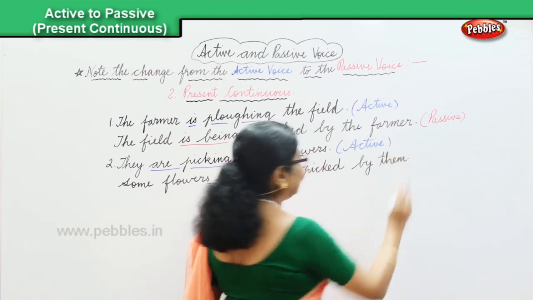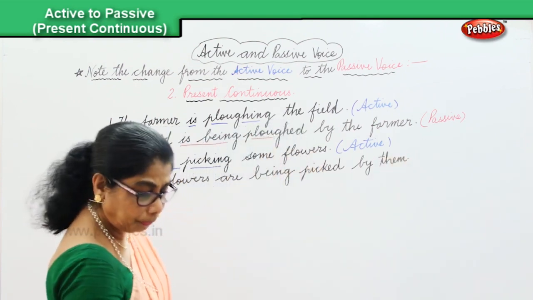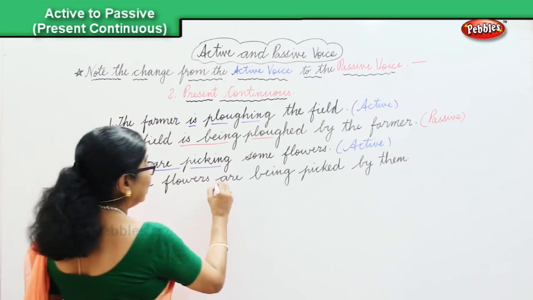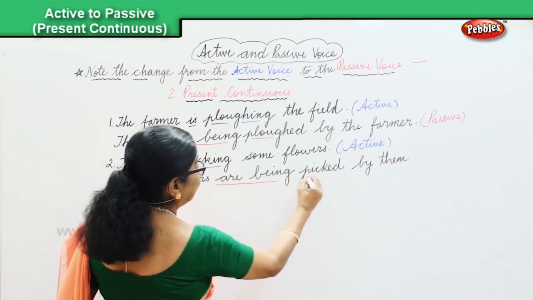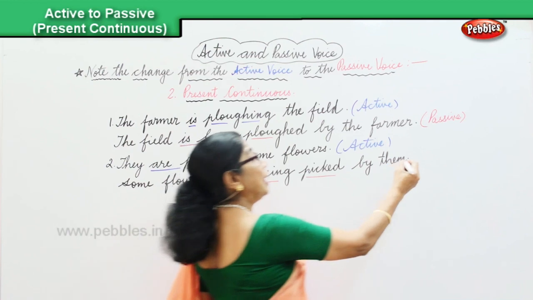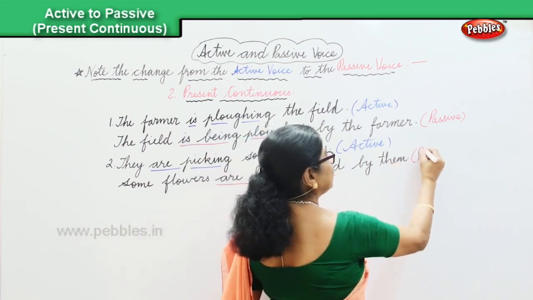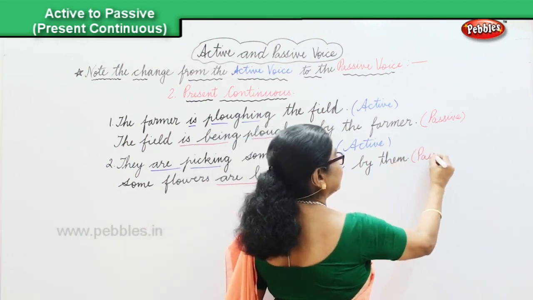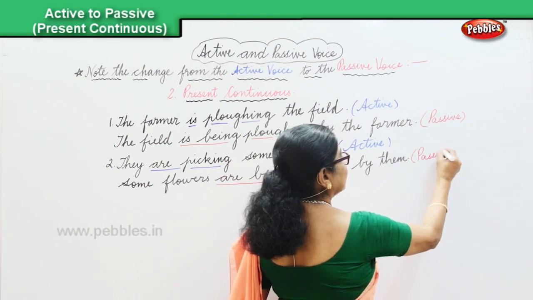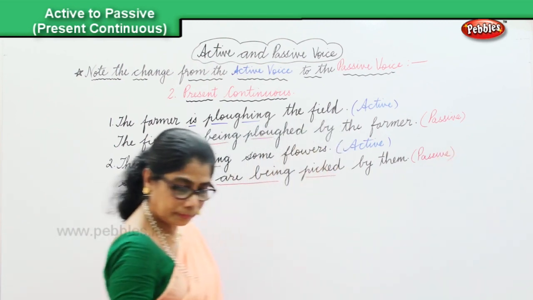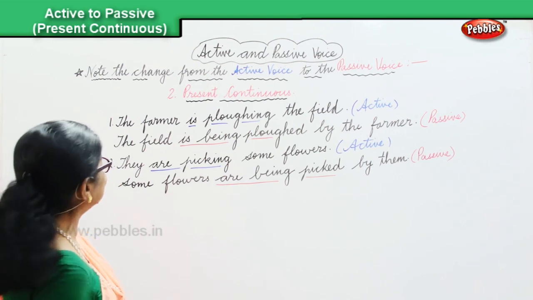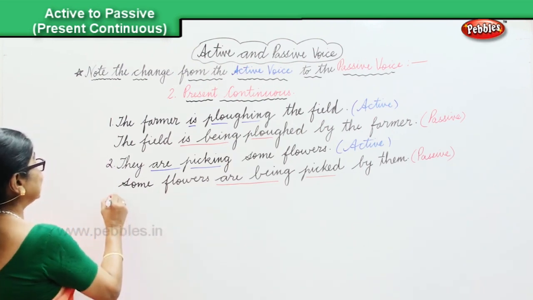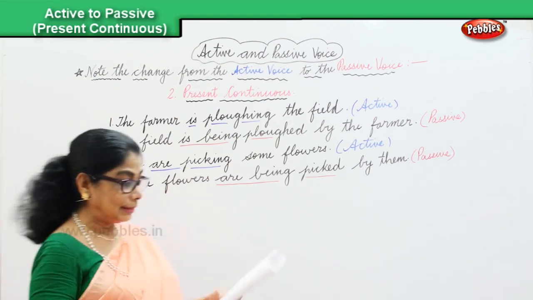And that's in the passive voice. Look at the verb: are being picked. And it's in the passive voice. And we'll do two more sentences. Another one. Let's see another set of sentences.